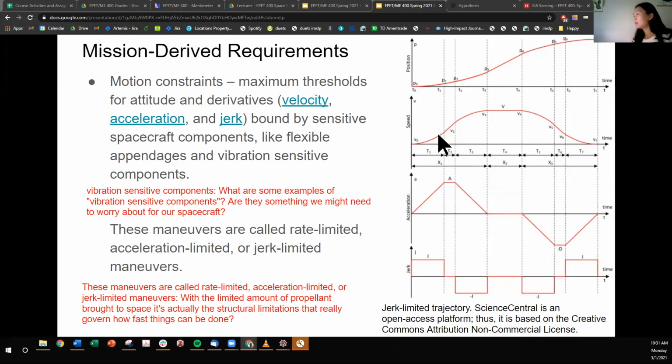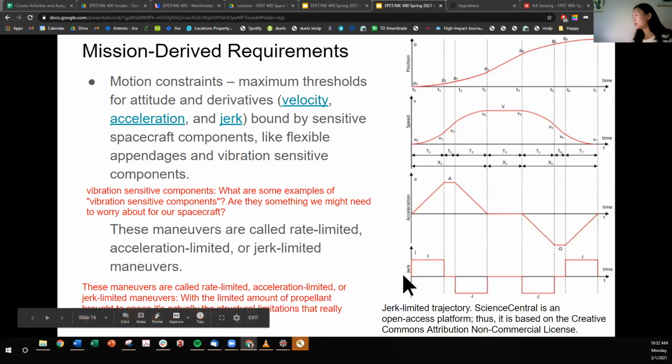So the velocity here looks like so, where the maximum velocity occurs between V3 and V4. This is the angular rate. This is the rate limited, where capital V is the limitation on rate. Your acceleration profile is going to look like so, where your acceleration is limited by capital A, and it occurs at V1 to V2.